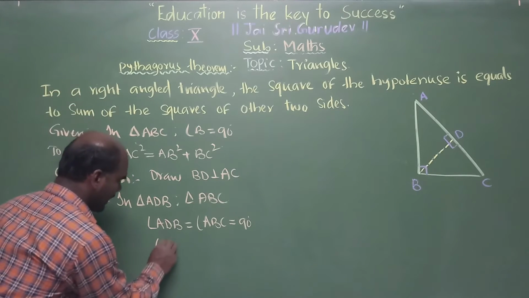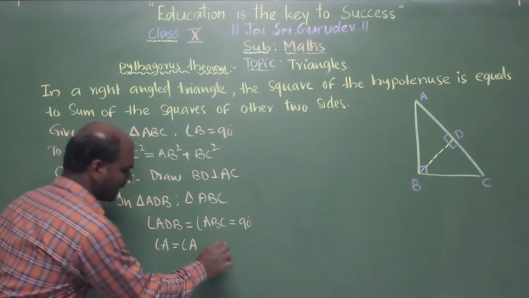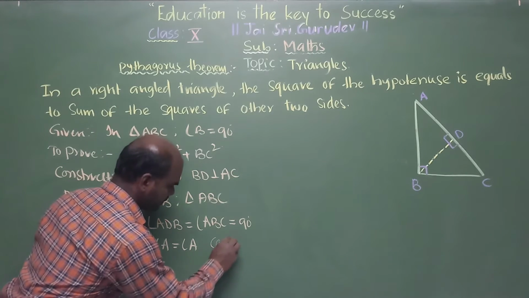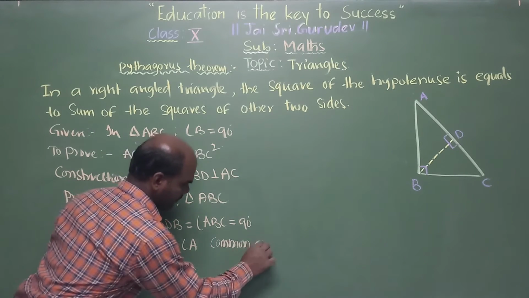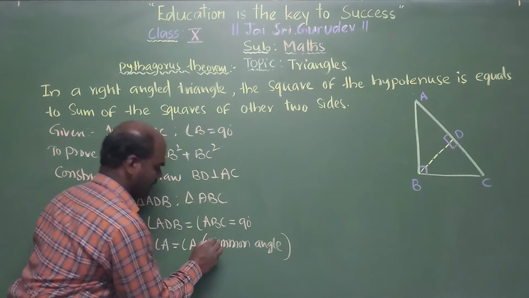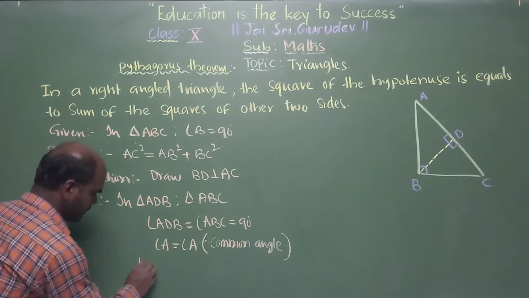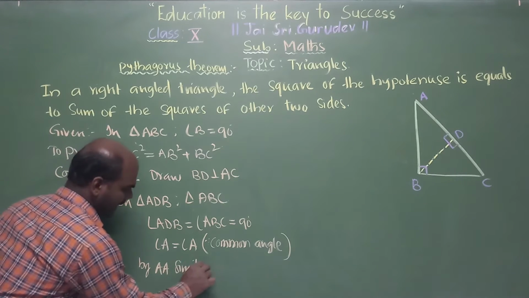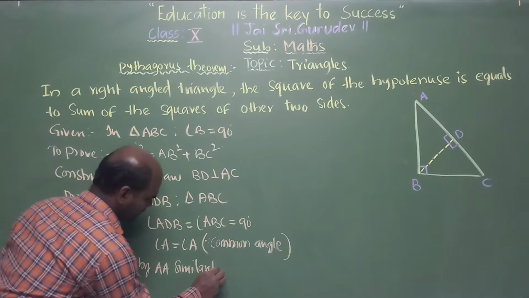As well as angle A is equal to angle A, it is a common angle. By AA similarity.